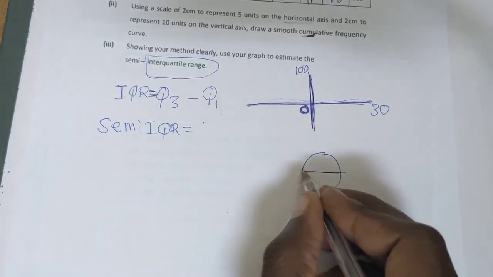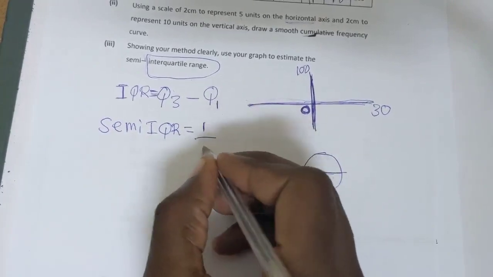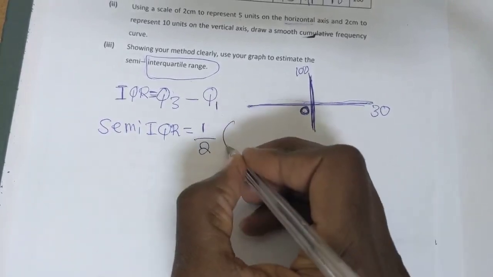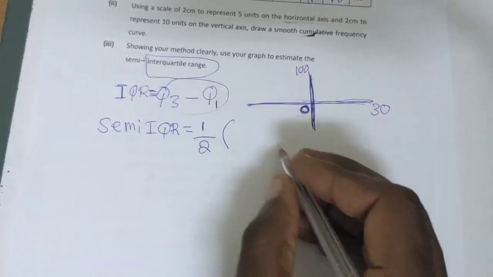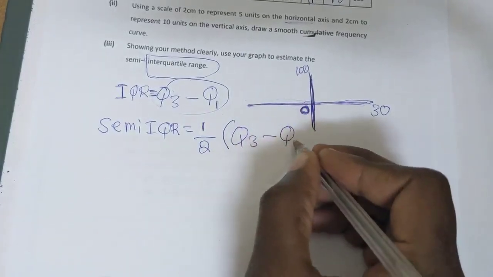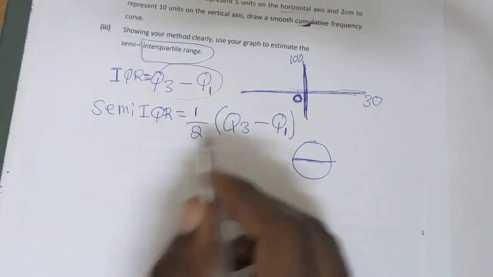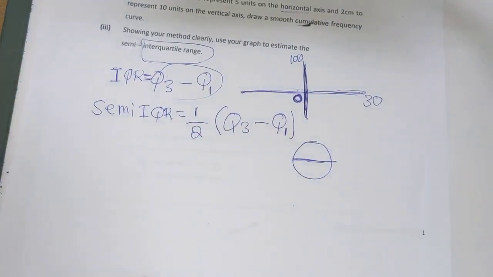Half. How do you write half? It is 1 over 2 multiplied by this. Okay? Q3 minus Q1, like that. So this is the formula for the semi-interquartile range.